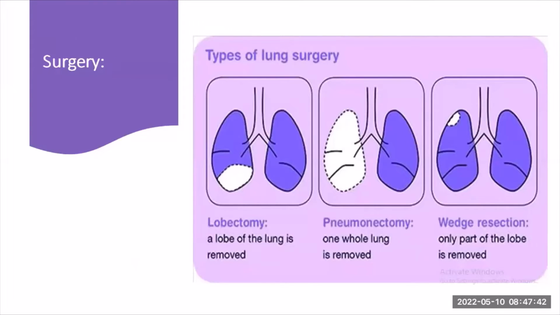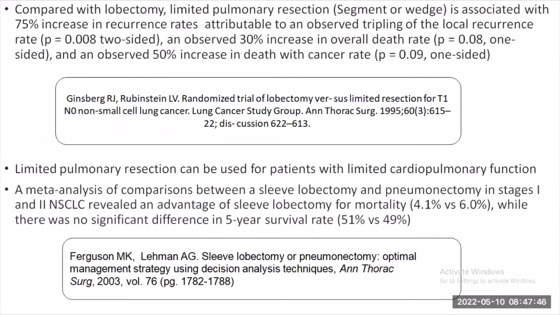Regarding the type of surgery, we do know that lobectomy, pneumonectomy, and wedge resection can be done. If we compare lobectomy with limited pulmonary resection, segmental or wedge resection, segmental or wedge resection is associated with a 75% increase in recurrence rates, which amounts to around a tripling of the local recurrences, and it is also associated with a 30% increase in overall death rate.